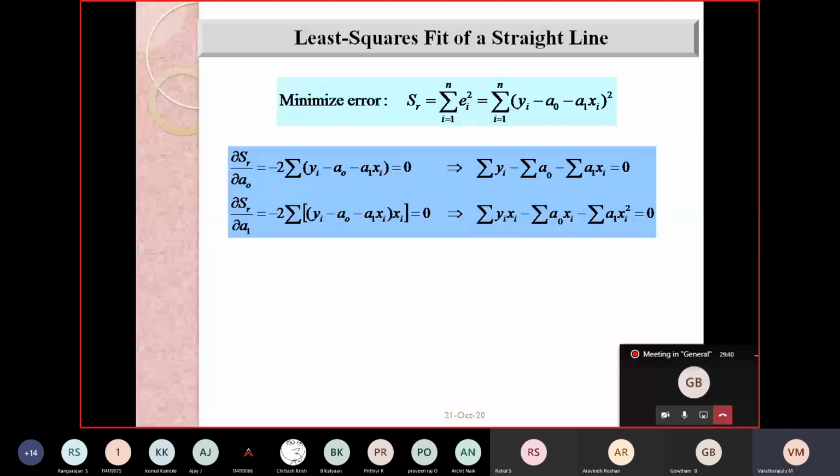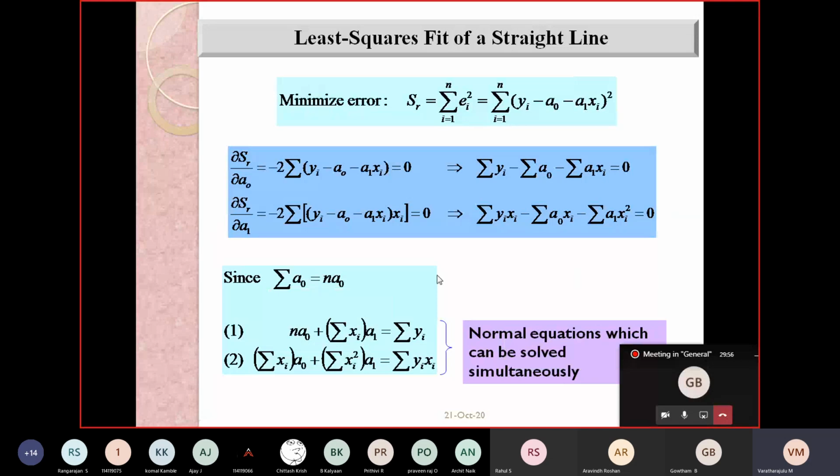Summation yi xi minus summation a0 xi minus summation a1 xi square. So the summation of a0 is nothing but the number of terms in the experiment times a0.